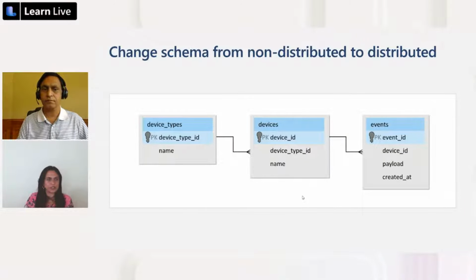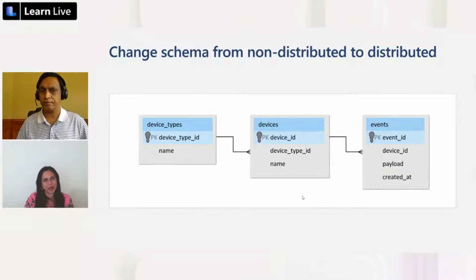But if you go to the events table, as you can see, the events table has the primary key, which is the event ID, to make it unique. But you cannot choose that as the distributed column because, as you know, every event is unique. So you have only one row for each event, and that's not the best practice. So in this case, you would need to take the device ID and distribute it on the device ID.